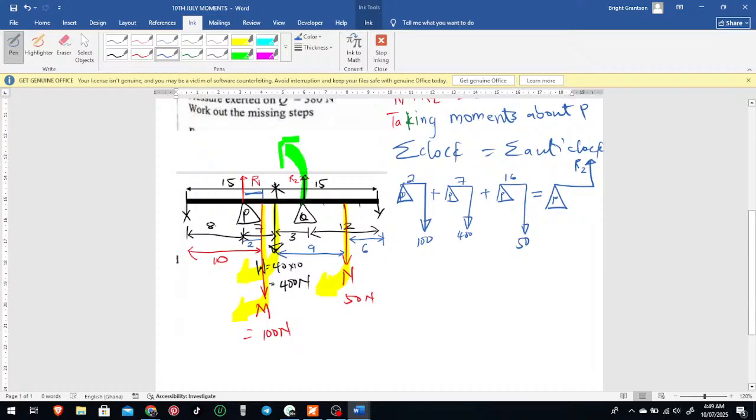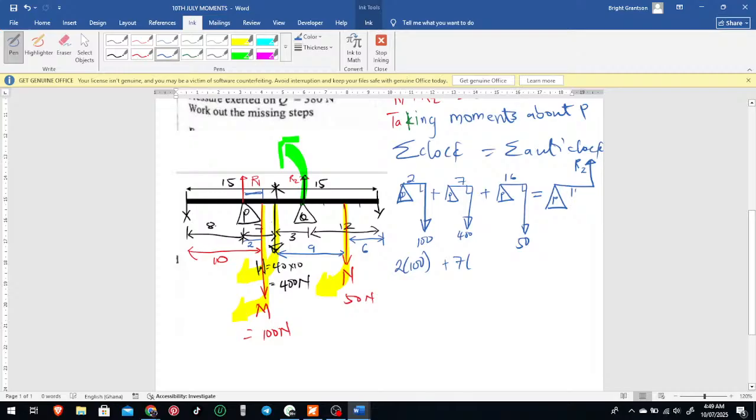So now let's do this one. Multiply the force times the perpendicular distance. So the R2, what about the distance? Yes, the distance is 16. It's 7 plus 9: from P to the midpoint is 7, plus 9, so 16.